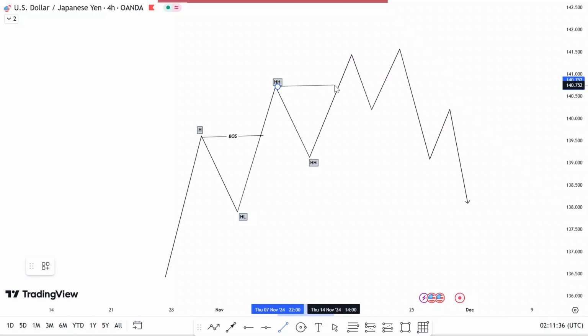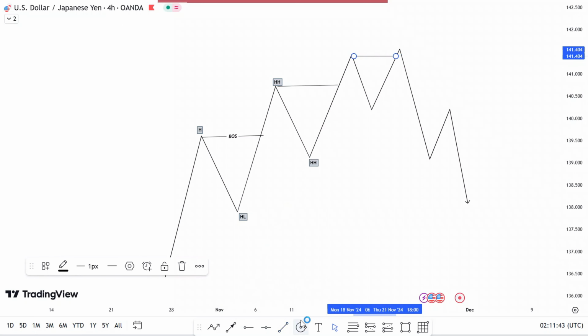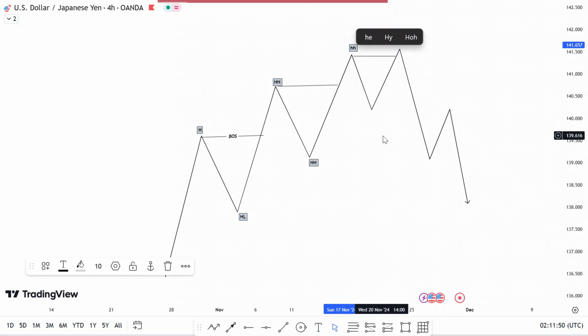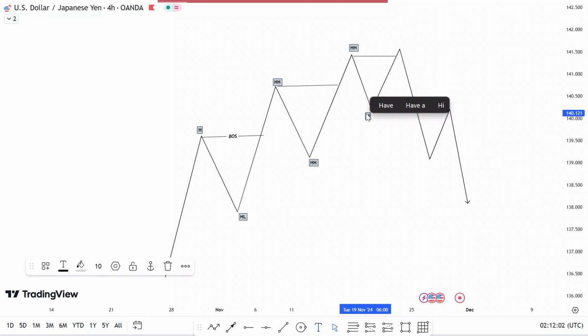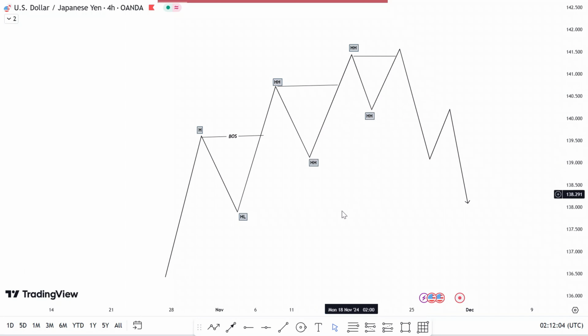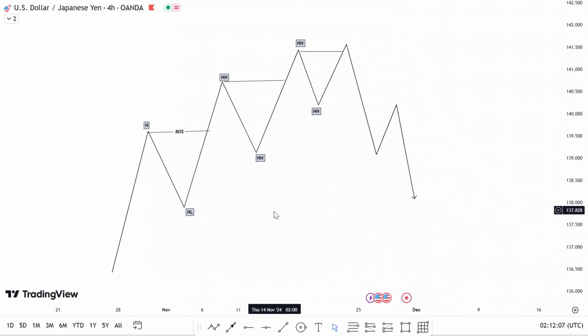It's going to be BOS for every one of these here. This one will be a higher high, and this a higher low.